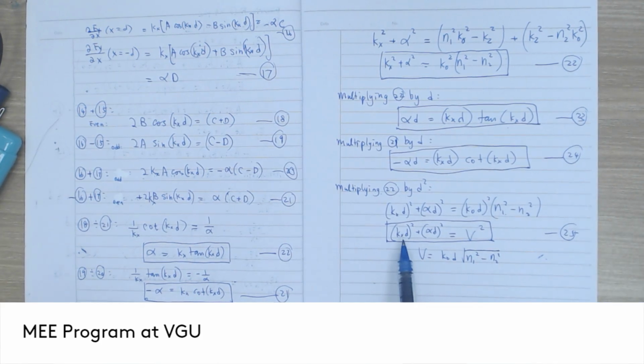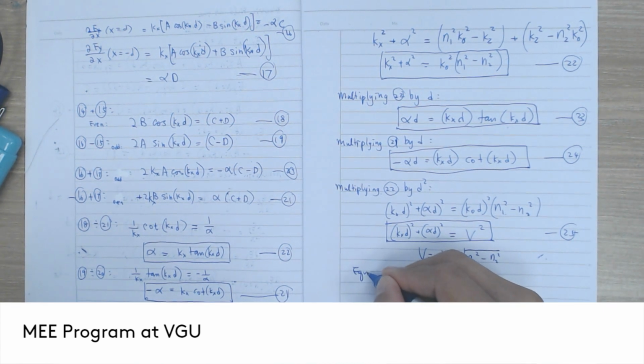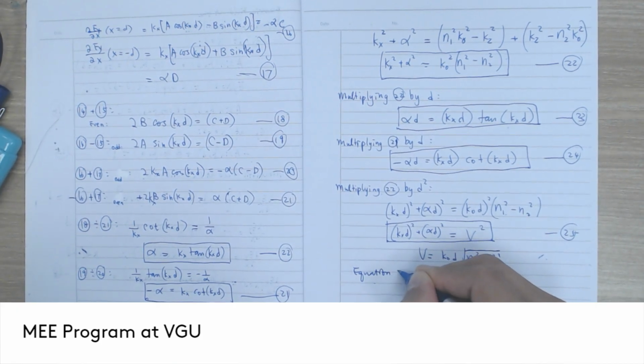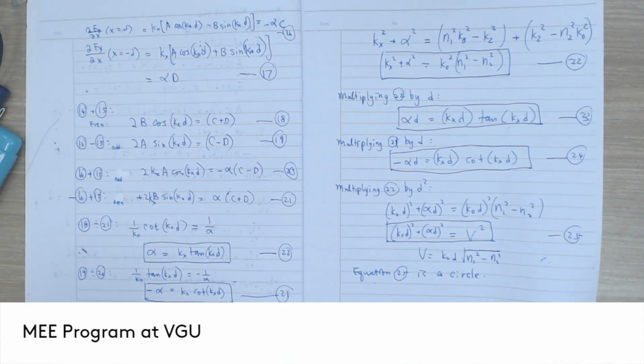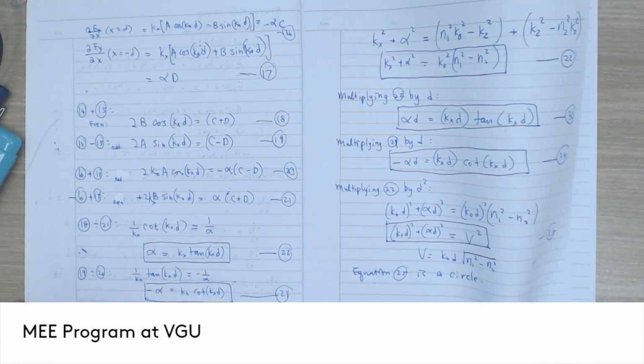And equivalently, equation 25 is a circle. So let's check how it works.